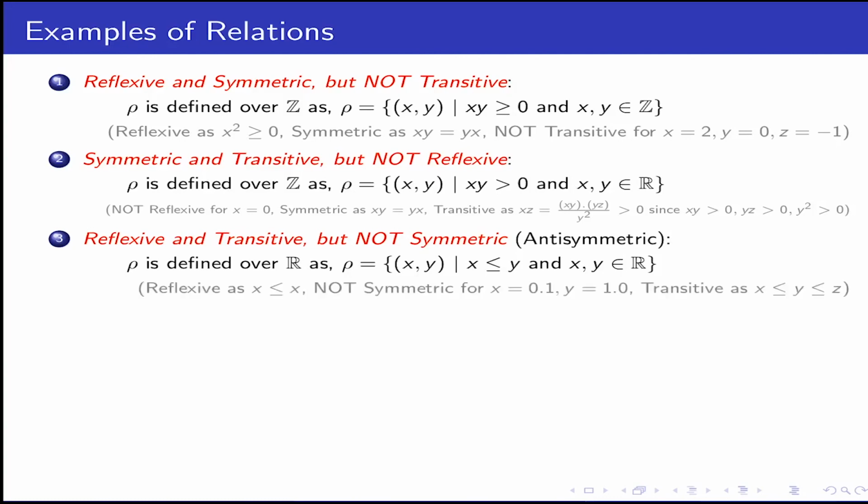It is not symmetric because not for every element I could also take the reverse. So for symmetry to happen, if I take xy, I can also include yx. But for 0 and 1, you see x is less than y, but y is not less than x, so the pair yx is not valid. It is transitive because definitely x less than or equal to y and y less than or equal to z implies x less than or equal to z.